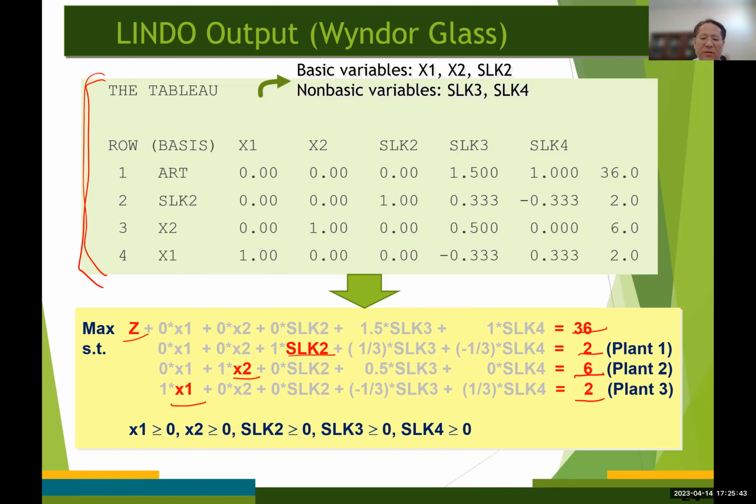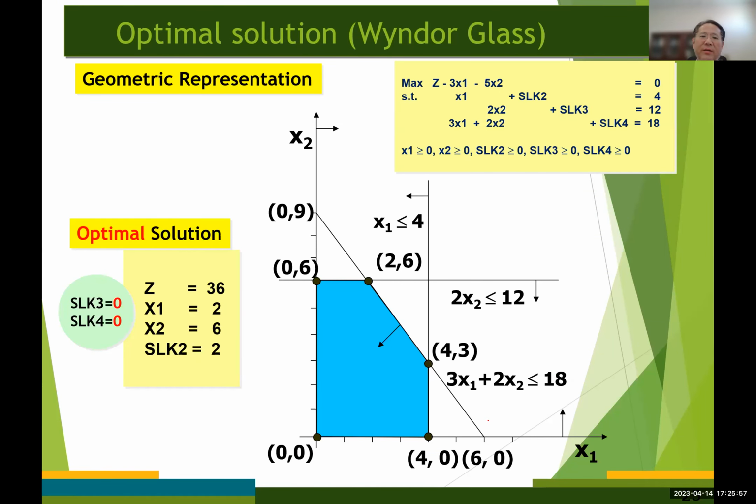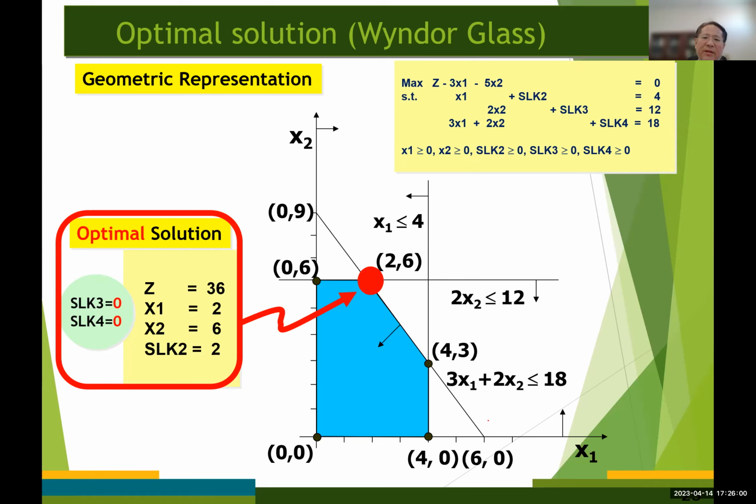Of course, all of these values will satisfy non-negativity restrictions, okay? So eventually, you've got this result, right? So in order to achieve the maximum profit of $36 here, window glass must produce 2 glass doors and 6 windows, right?